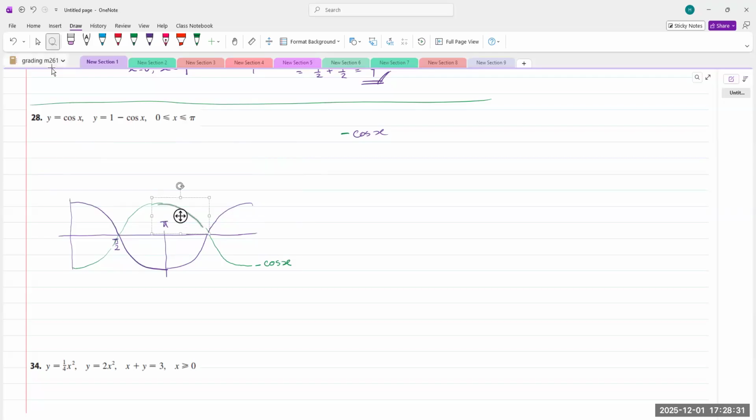How to do that? I'll move this up 1 unit. Like that. This guy gets carried over. This is pi over 2 here.